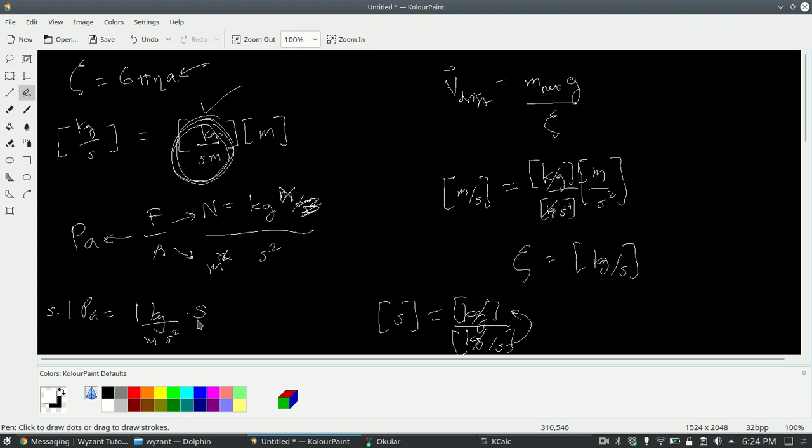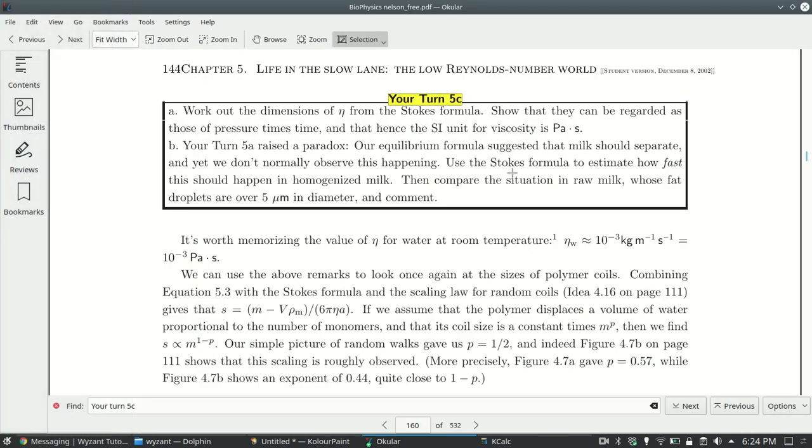So this is now kilograms over meters over seconds. That means we need seconds times Pascal. So that shows that the SI unit for viscosity, and this eta is apparently the fudge factor to express viscosity, is pascals times seconds. All right, now let's get on with B over here.